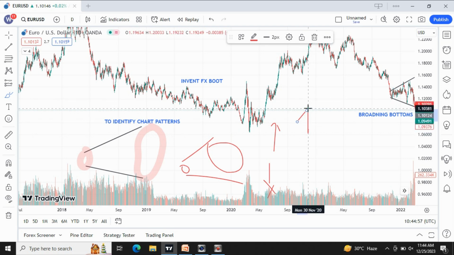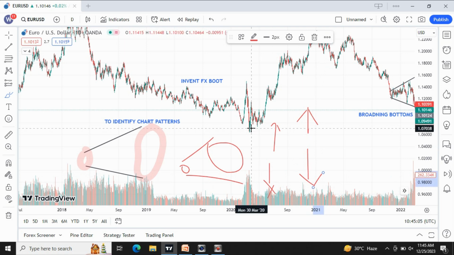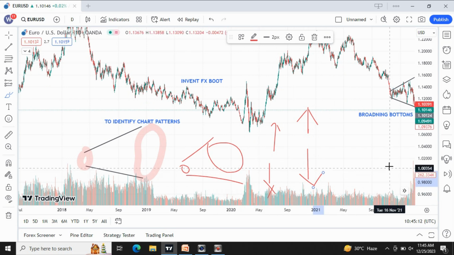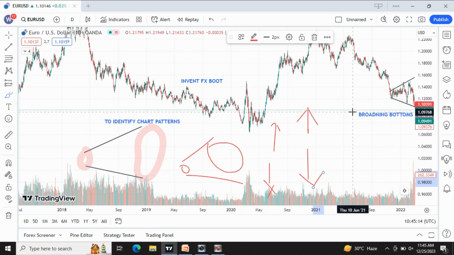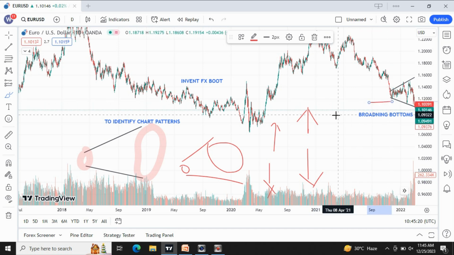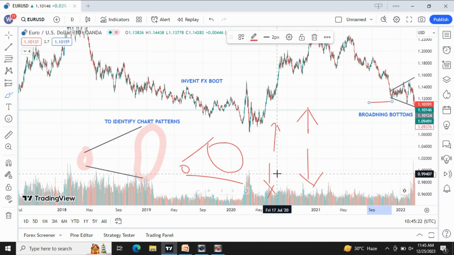This broadening bottom has its own performance range. For example, it performs better when the breakout is near the yearly low. You should also consider that tall patterns perform better than short ones. When you see tall broadening bottoms, you should be confident that they will perform better than short ones.